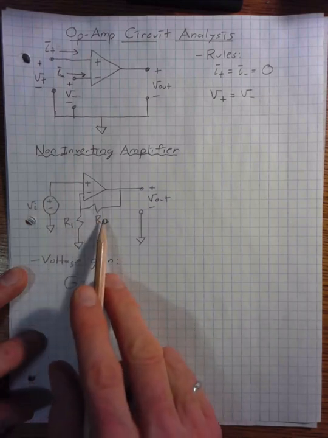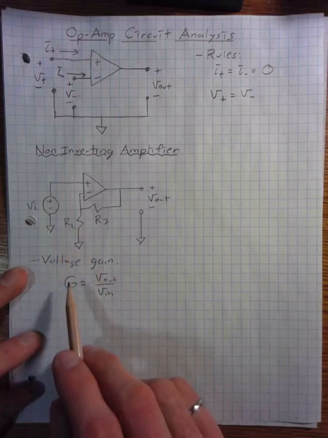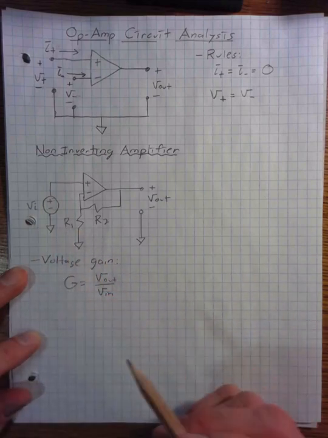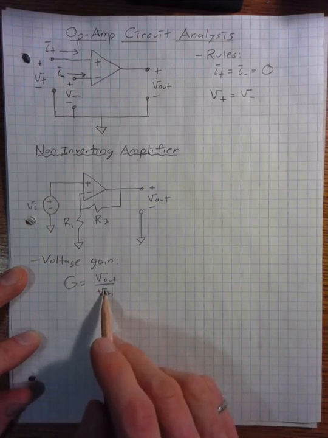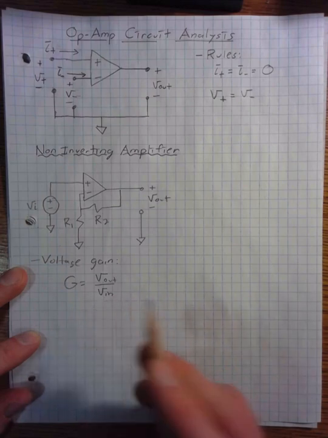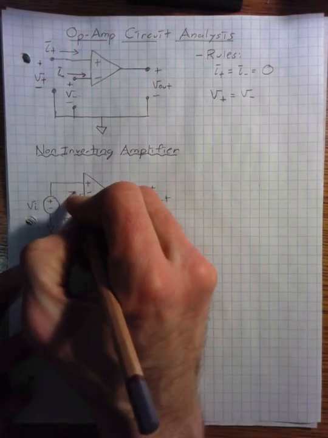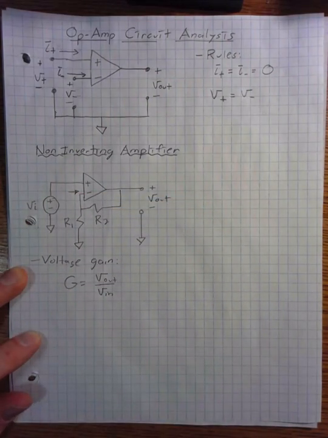And we can figure out exactly how that works by applying Kirchhoff's voltage law, basically just a voltage divider. We want to come up with an equation that is a function of the output voltage and the input voltage. And we know that the current flowing into this negative terminal is 0.